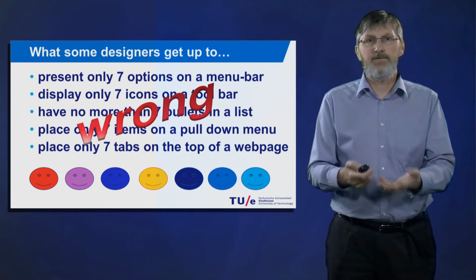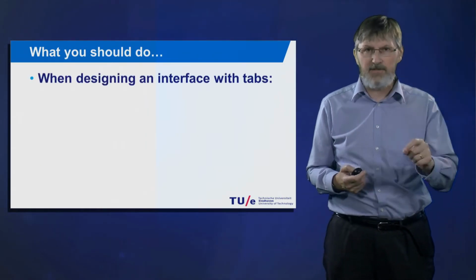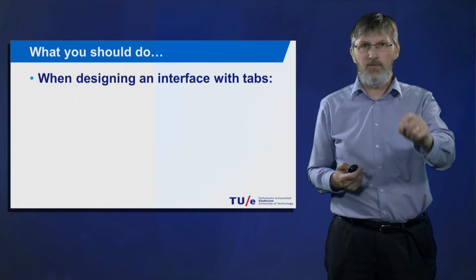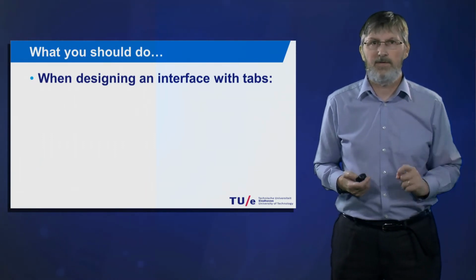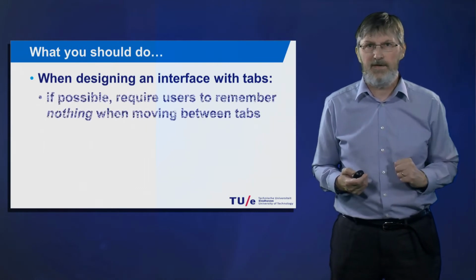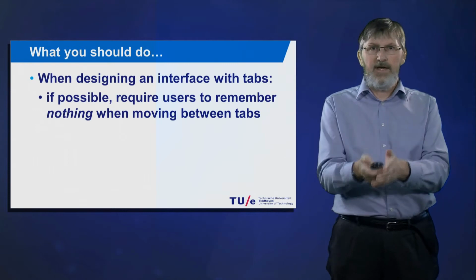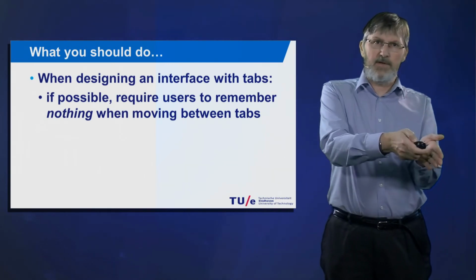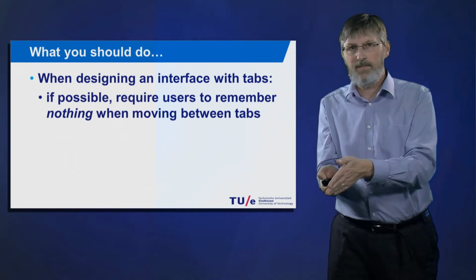So while this is good advice, we have to consider when we are actually making use of our short-term memory and when not. For instance, when designing an interface with tabs, we should avoid the case where the user has to remember something when moving from one tab to another tab.